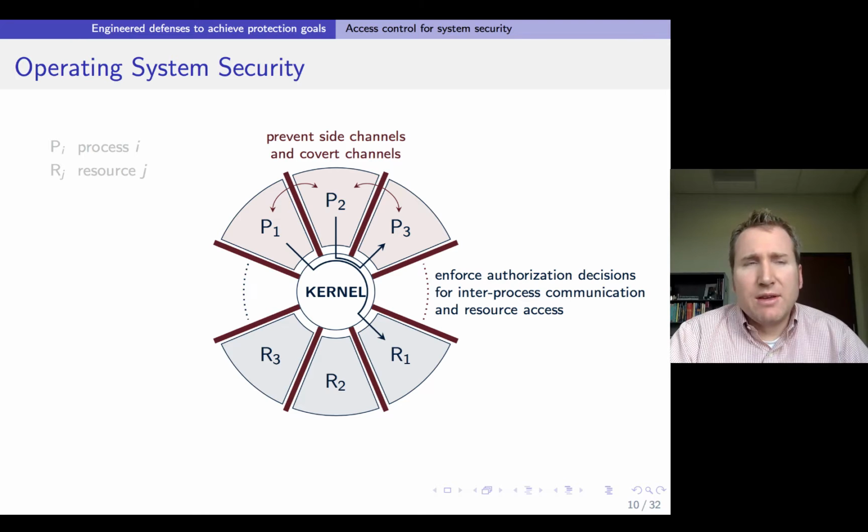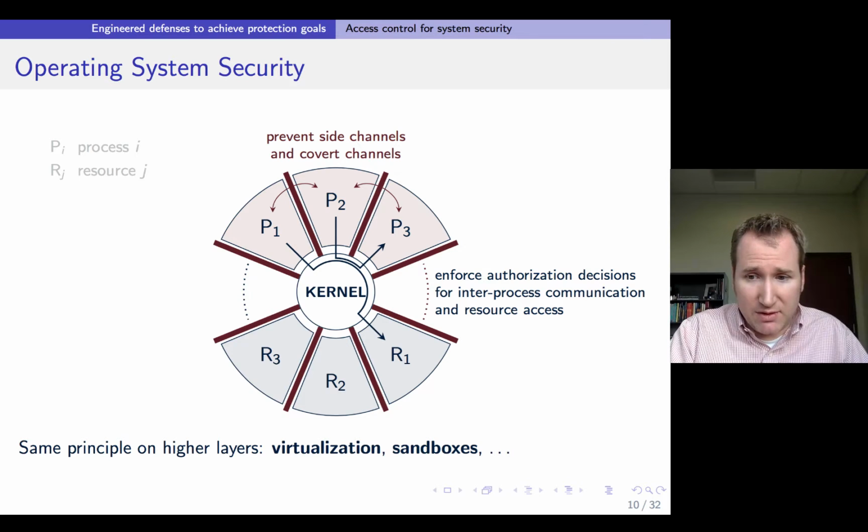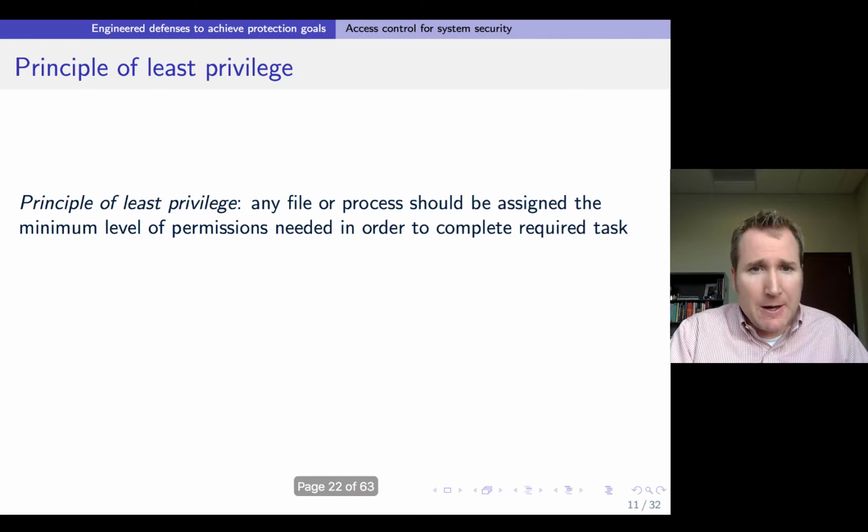So this greatly improves the security of operating systems if you have a design like this. And this same principle extends not just to operating systems, but to virtual machines, which are widely used now. So a virtual machine is running on a resident operating system, but there are barriers that prevent any communication from that virtual machine instance back to the host operating system. So that's a high-level tour through operating system security.